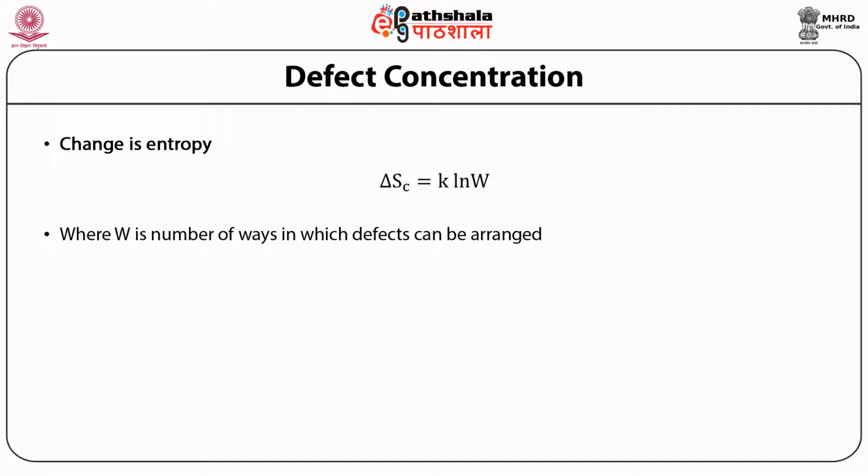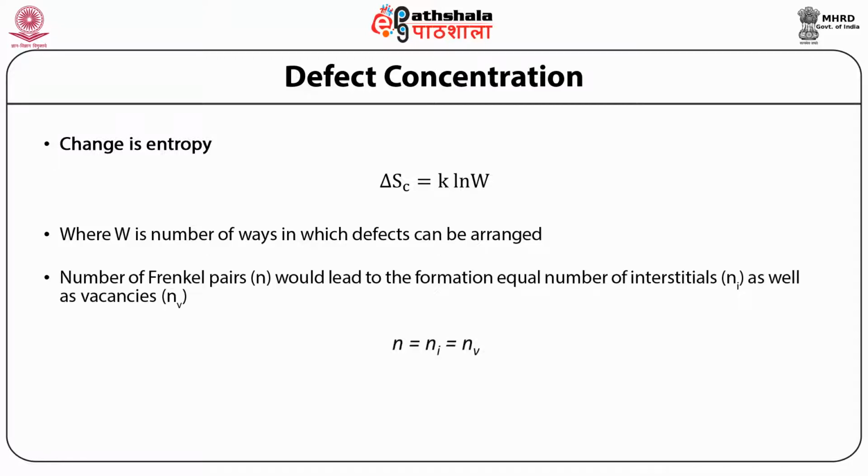As per the defect reaction shown above, the number of Frenkel pairs, N, would lead to the formation of equal numbers of interstitials, represented as Ni, as well as vacancies, represented as Nv. So N is equal to Ni is equal to Nv. Now assuming that the total number of vacancies is equal to N.